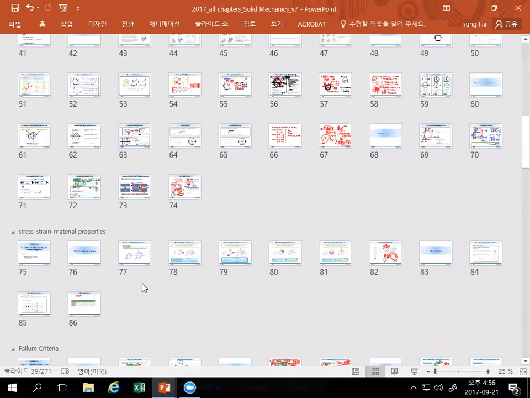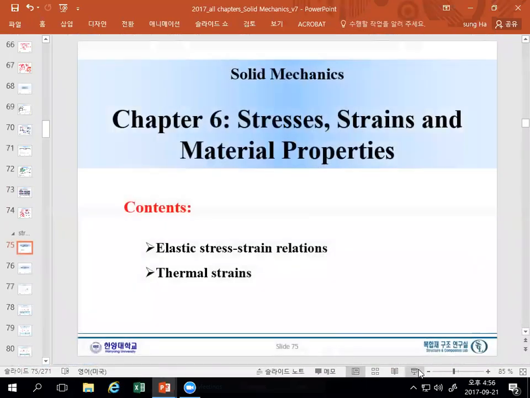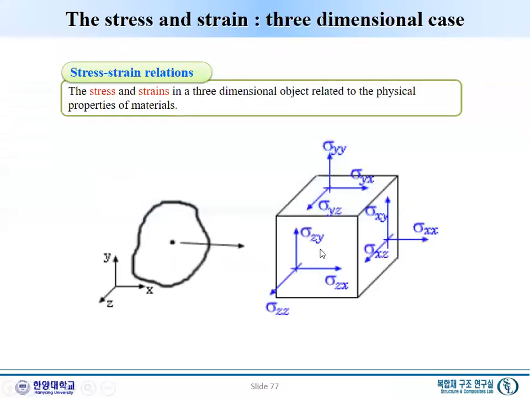In 3D, I will jump to here. Now this is the stress component. Remember, we start with this, right? We start with this P, and this is a sigma x. That was a 1D version. This one is the 2D version, and now this is a 3D version.